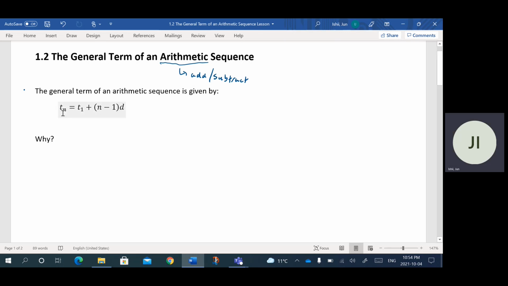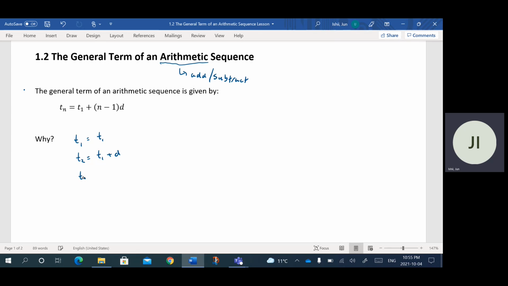This formula may look a little bit complicated, so I'm going to show why this is the formula. T1, the first term, is obviously equal to the first term. For the second term, I take the first term and add the common difference.